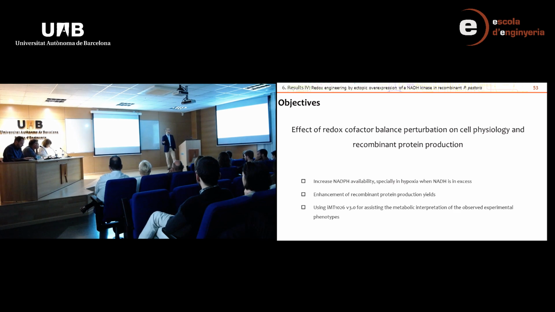For doing that, we wanted to increase the NADPH availability, especially in hypoxic conditions. In addition, we expect to enhance the recombinant protein production yields. And finally, we use the genome-scale metabolic model for assisting the metabolic interpretation of the observed experimental data.